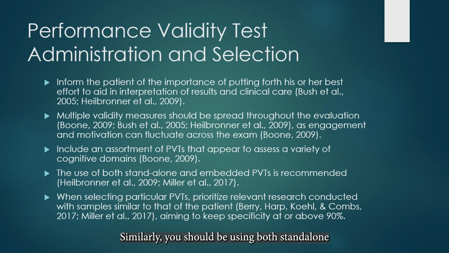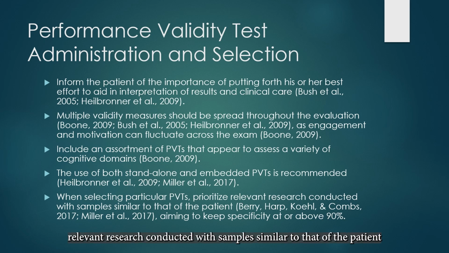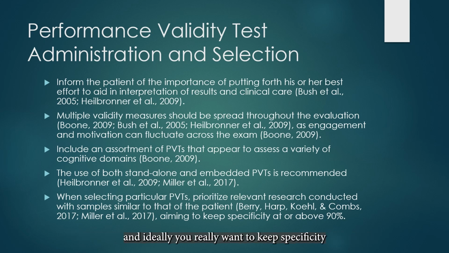Similarly, you should be using both standalone and embedded PVTs. And when you do select particular PVTs, it's important to prioritize relevant research conducted with samples similar to that of the patient. And ideally, you really want to keep specificity at or above 90%.